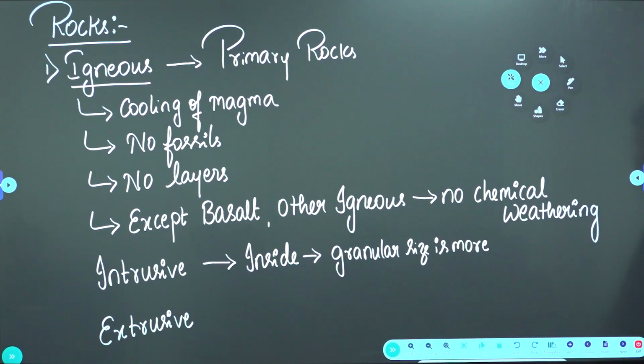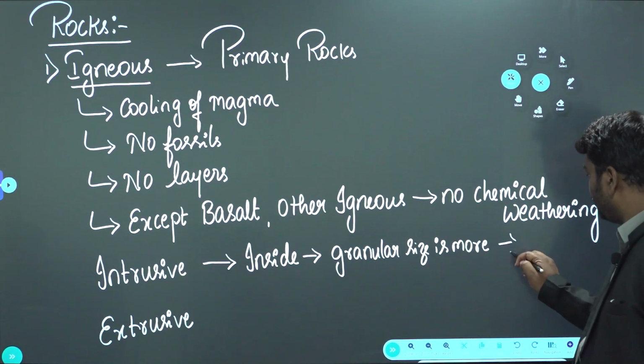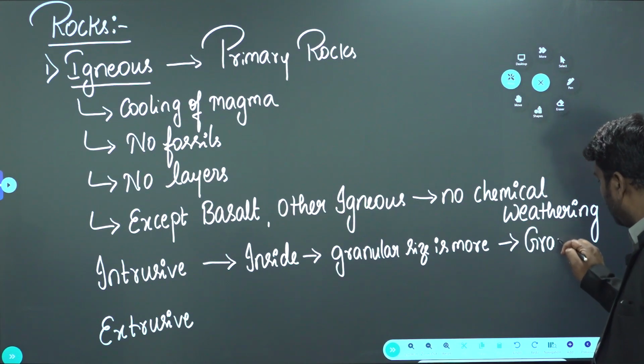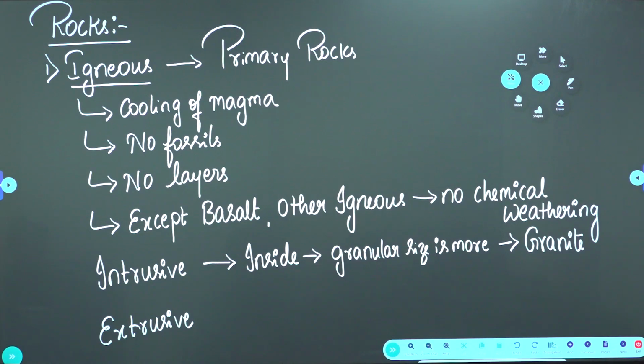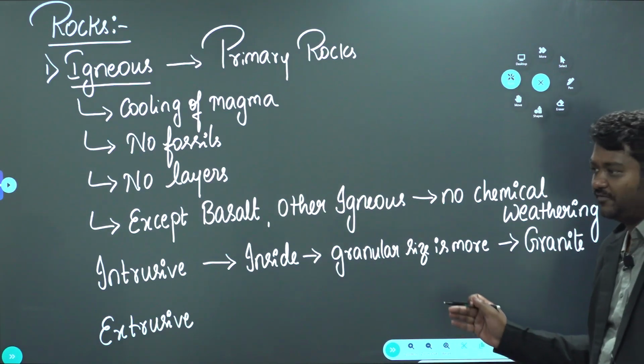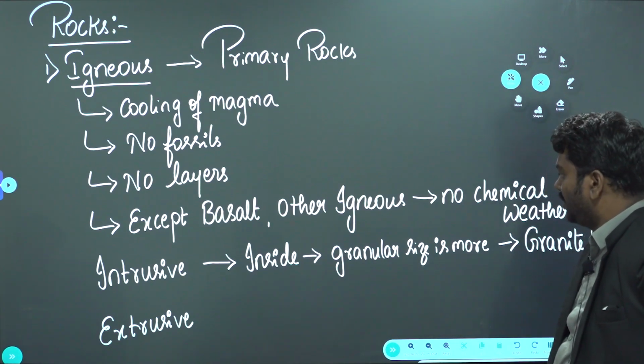Fine. And example, please remember carefully, example is granite. And granite is example of continental crust. Okay, basalt is example of oceanic crust. Ocean is mostly made up of basalt, whereas this is mostly made up of granite.